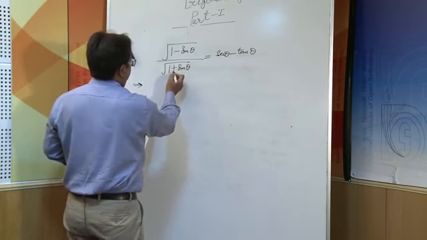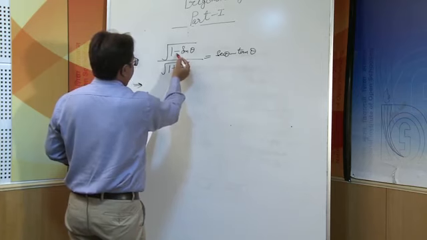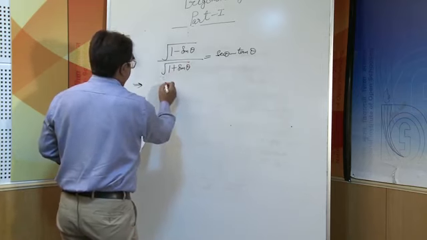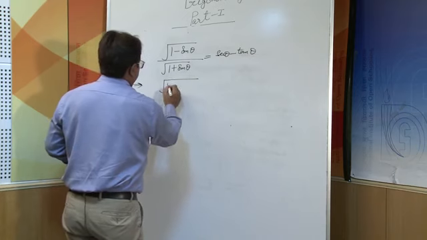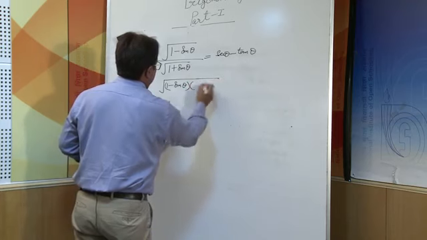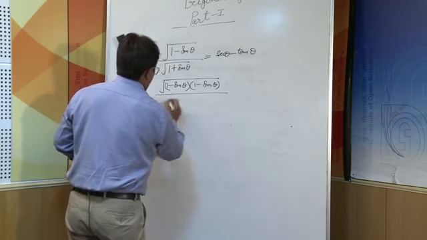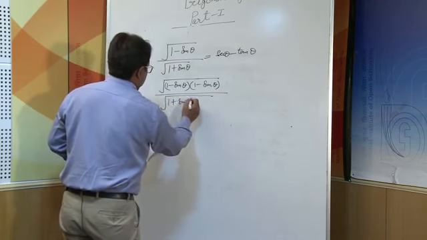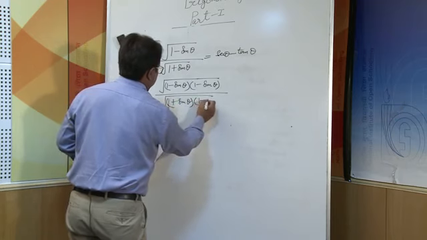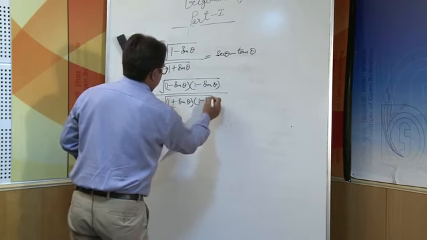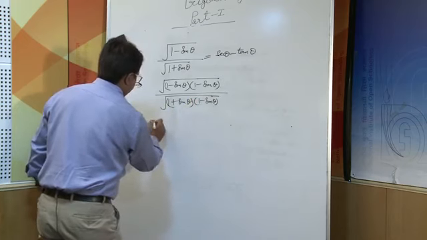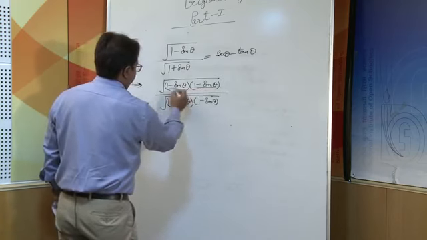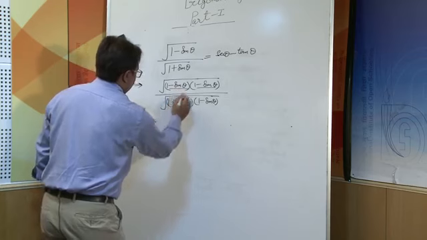If I multiply the left hand side with under root 1 minus sin theta in numerator and denominator, it becomes 1 minus sin theta upon under root 1 plus sin theta into 1 minus sin theta. Further, the numerator is same, so it becomes whole square.